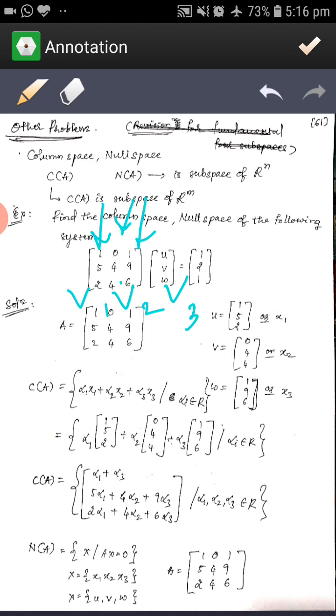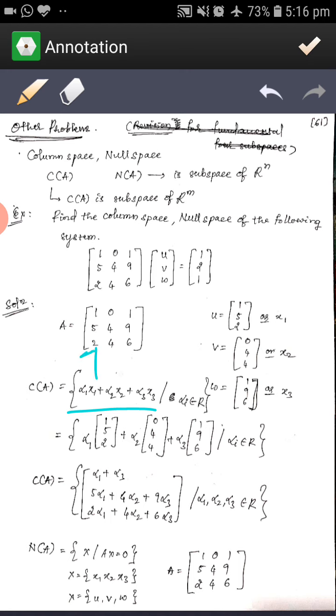The same thing they are taking as x1, x2, x3. Maybe the notation may change. Whatever c1 x1, c2 x2 and c3 x3, or we can call alpha v1, alpha v2, alpha v3. In this problem we have taken alpha x1, alpha x2 and alpha x3.